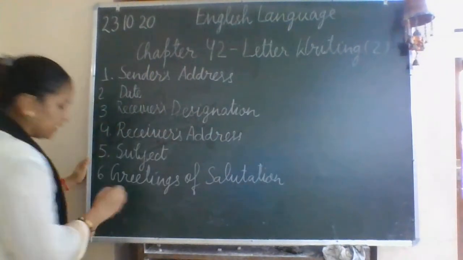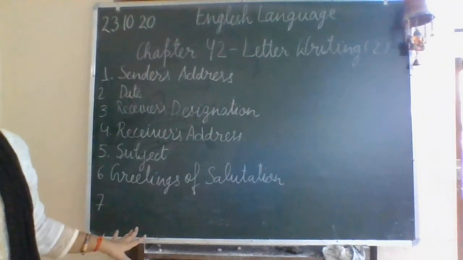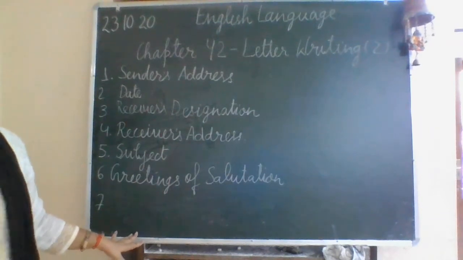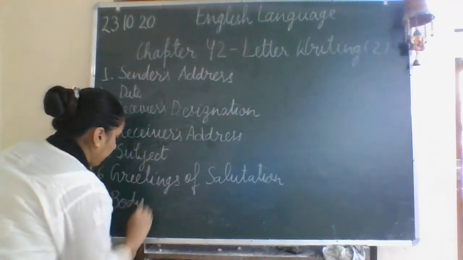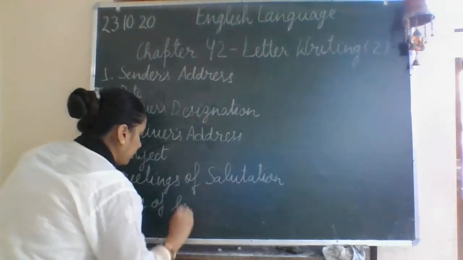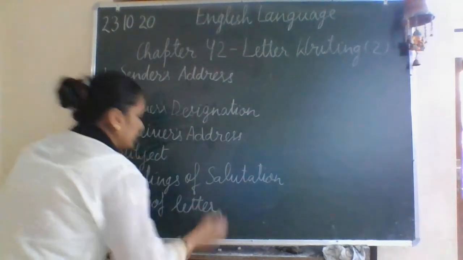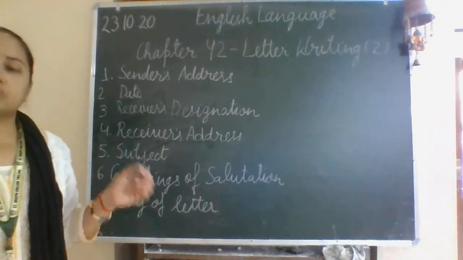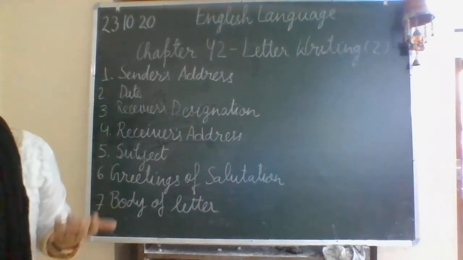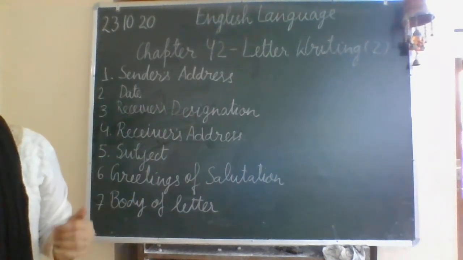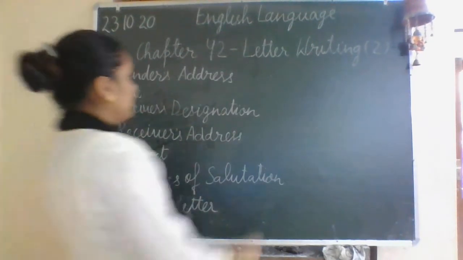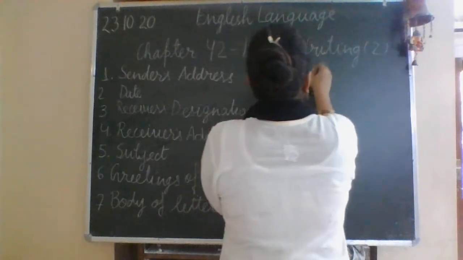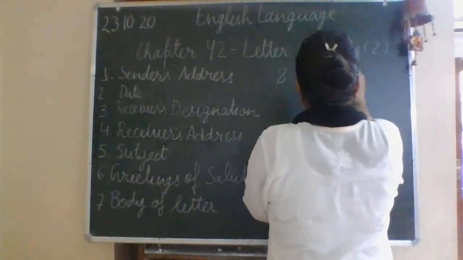Then after this we will write the body of the letter, which will include 2 to 3 paragraphs as you want to write it. Then the closing of the letter.